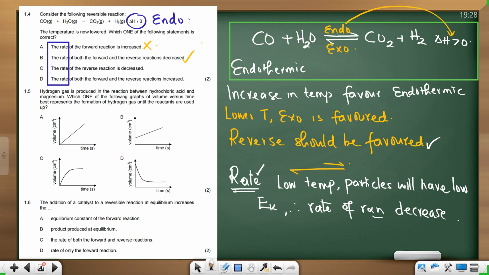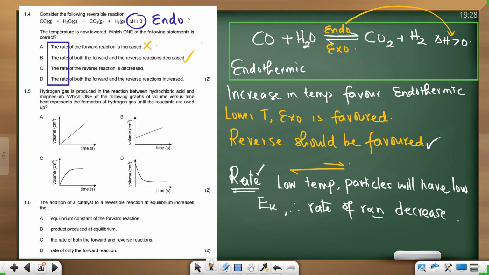Okay, 1.5. Hydrogen gas is produced in the reaction between hydrochloric acid and magnesium. All right? Which one of the following graphs of volume versus time best represents the formation of hydrogen gas until the reactants are used up?